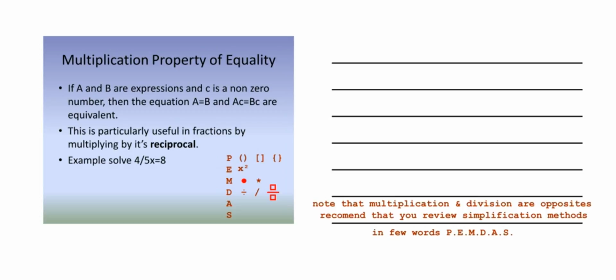Do keep that in mind. Fractions are divisions, but sometimes we don't simplify them. A, addition, and S, subtraction. And let's remember once again, addition and subtraction are opposites, and multiplication and division are opposites.